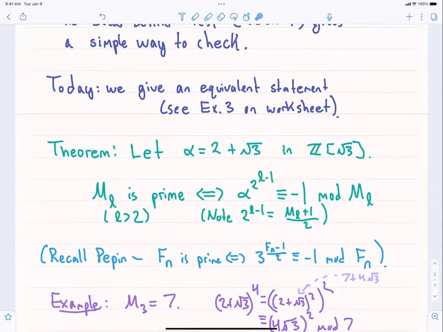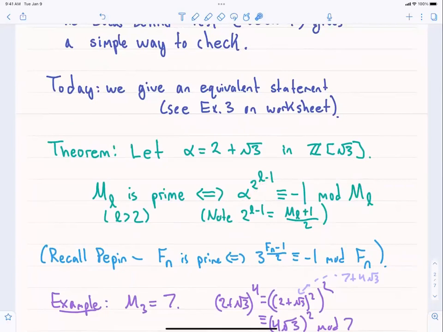Here we're raising this element alpha to the 2 to the L minus 1, which is closely related to this Mersenne number M_L. It's M_L plus 1 over 2, because M_L plus 1 is 2 to the L, and then you divide by 2, you just get 2 to the L minus 1. So this exponent is closely related to this prime.